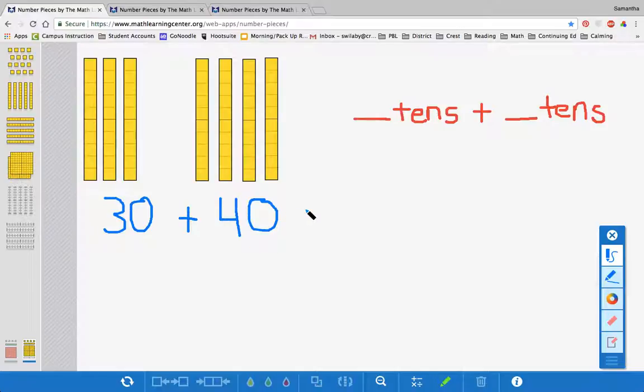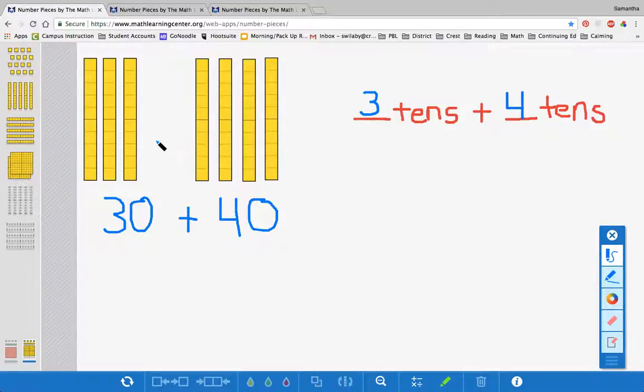But I can think of it a lot easier if I think of it more as groups of 10. I can add and then make that into my full representation, or my expanded form number. So if I have 3 tens over here and 4 tens, I can think of this as 3 tens plus 4 tens.